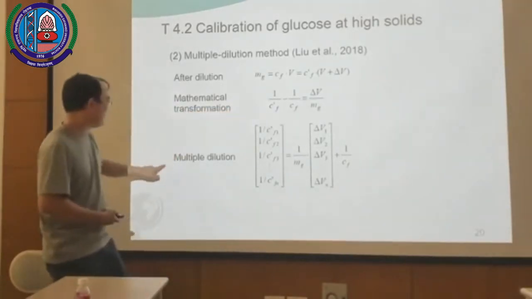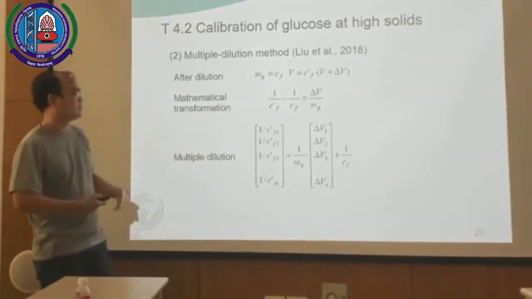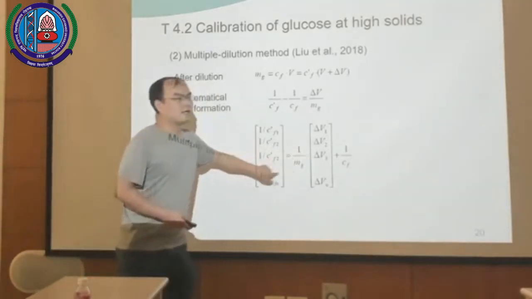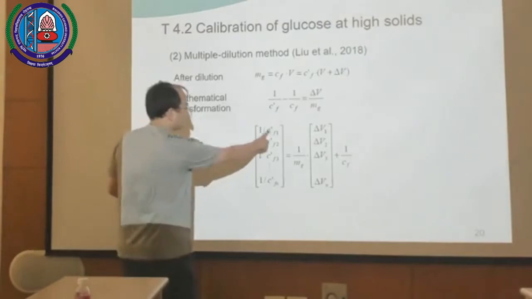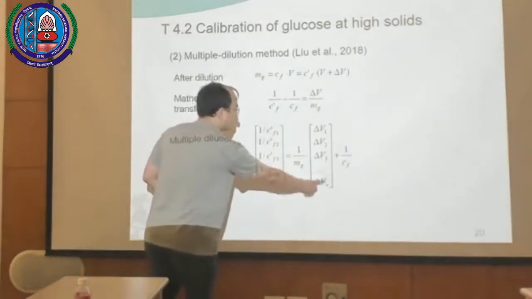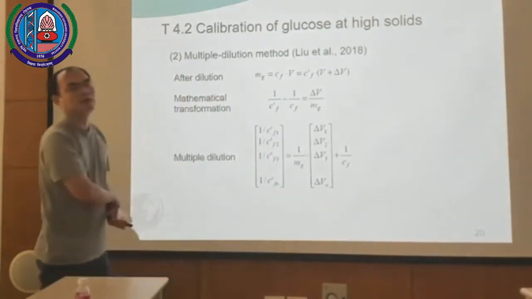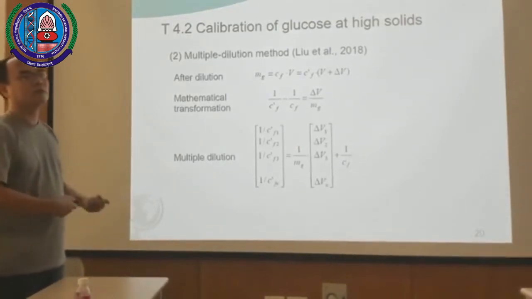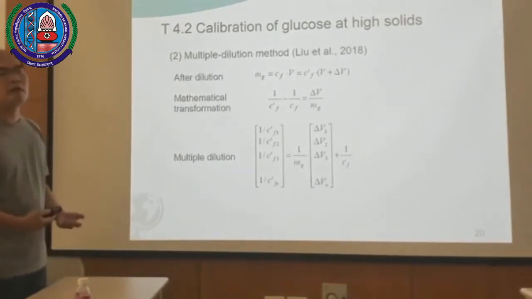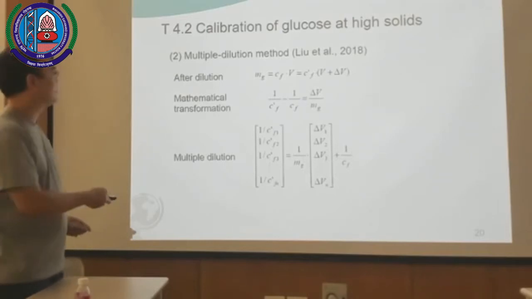And if I do multiple dilutions, I can get this. So what I need to do is test the different volumes and different concentrations. I do not test the gravity. I do not need to wash, dry, or weigh. It saves a lot of time.